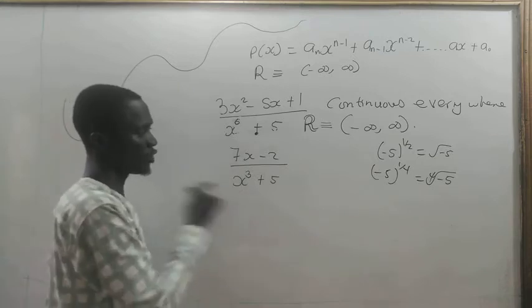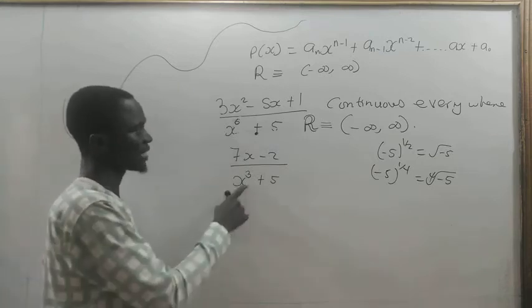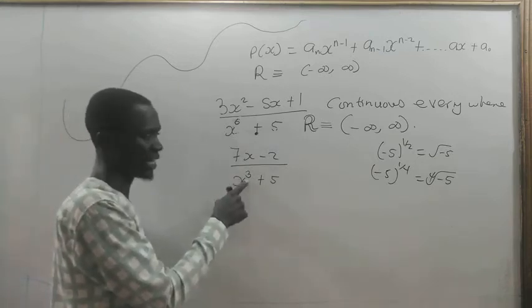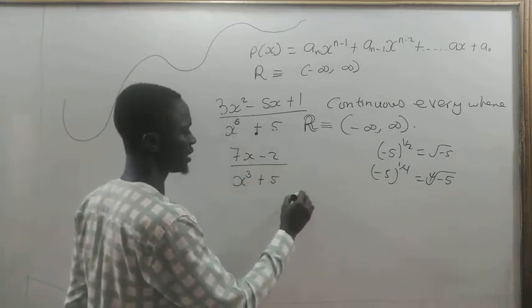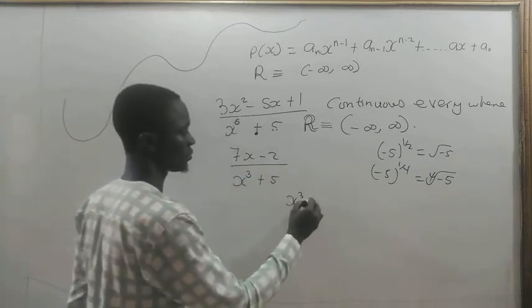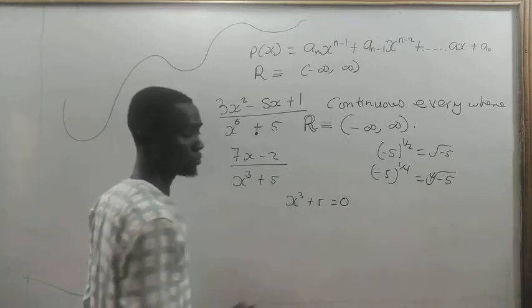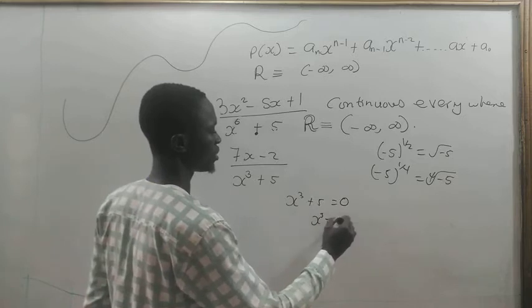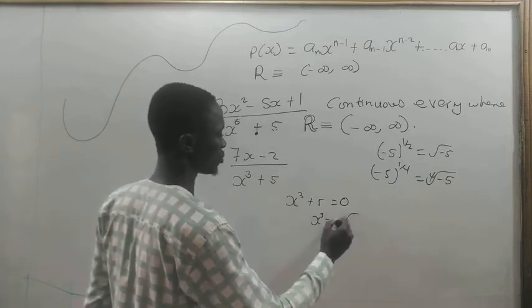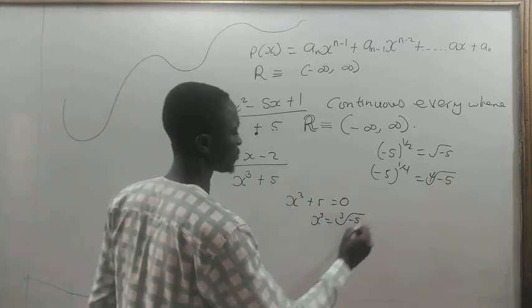Okay, so here we have x cubed. 3 is not an even number, so we can equate this to 0. We are going to have x cubed plus 5 equal to 0, and you have x cubed equal to minus 5.